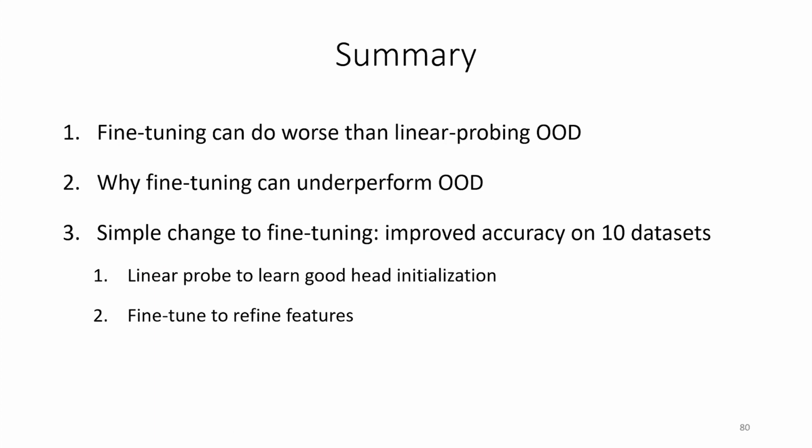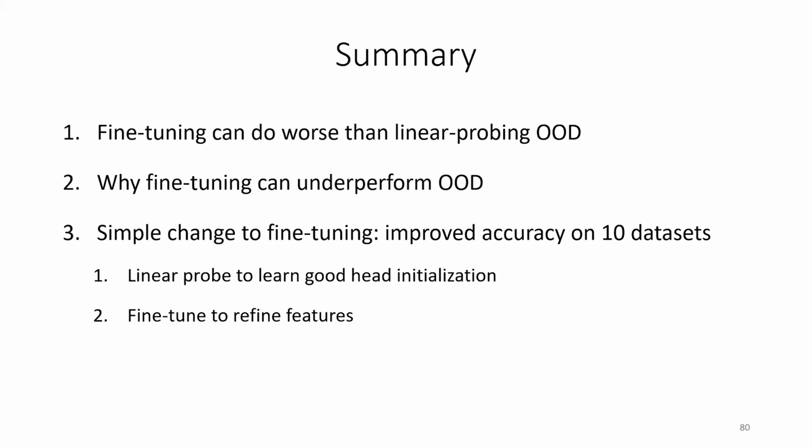The high-level summary here is that fine-tuning can often do worse than other methods that tune fewer parameters out of distribution. We talked about why this can happen, and we showed how to use this understanding to come up with a simple fix that gets higher accuracies and even state-of-the-art accuracies on a lot of benchmarks.